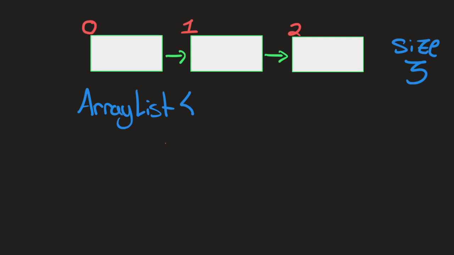So it might be a string, or it could be another object. It cannot be a primitive data type. So you can't store ints or doubles or chars or floats or any of the primitive data types unless you use what's called a wrapper class, and we'll look at that later.